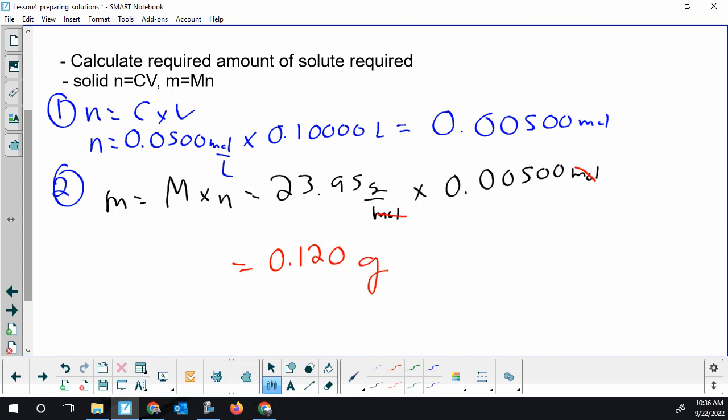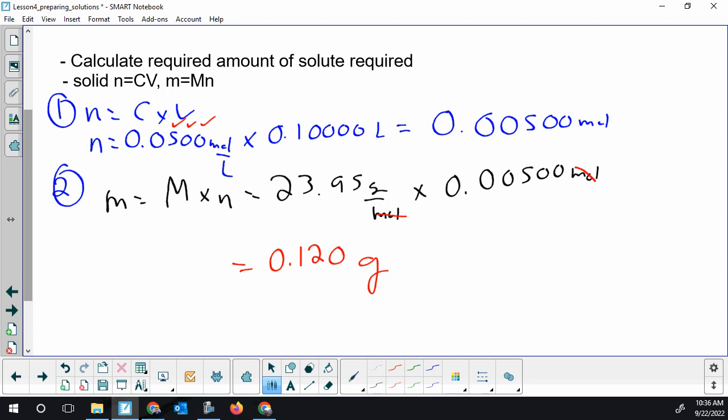I think I had 0.1195, I believe, and then rounded it. In order to keep the 3 sig figs that are desired in the concentration, you're going to need a scale that does 3 decimal places. Our standard student scales at ND are only to 2, but we do have a scale that goes to 3 that our lab tech or I can use to get the sig figs when we need them.